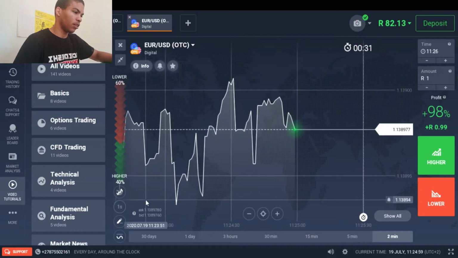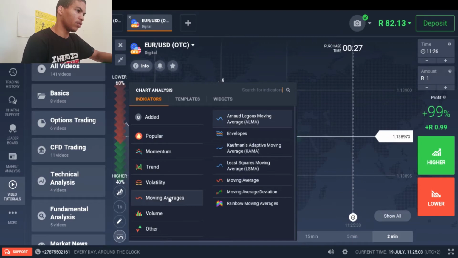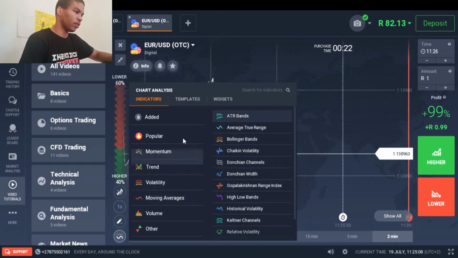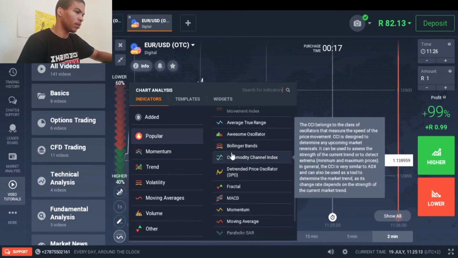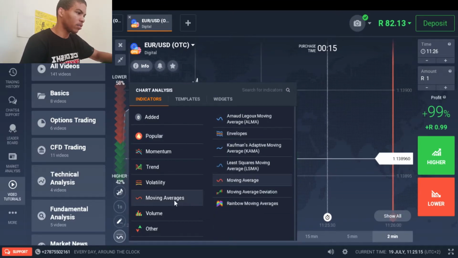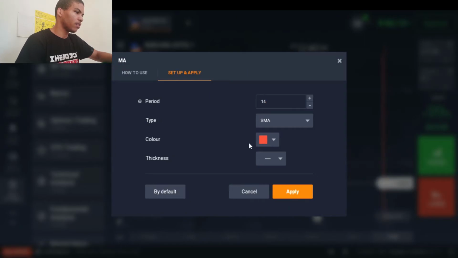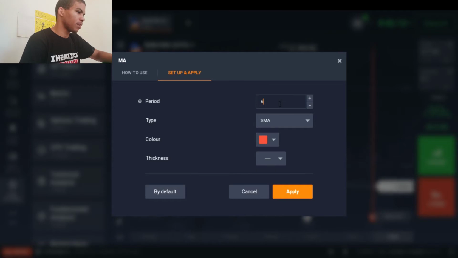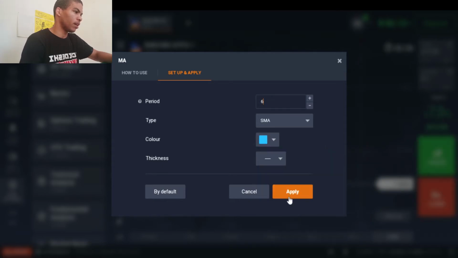So we go to our indicators and we go to moving averages here, or you could search moving averages over there, or go to popular. Oh, there it is in popular. Click on moving average, and the first period you use is 6. You make that blue and say apply.